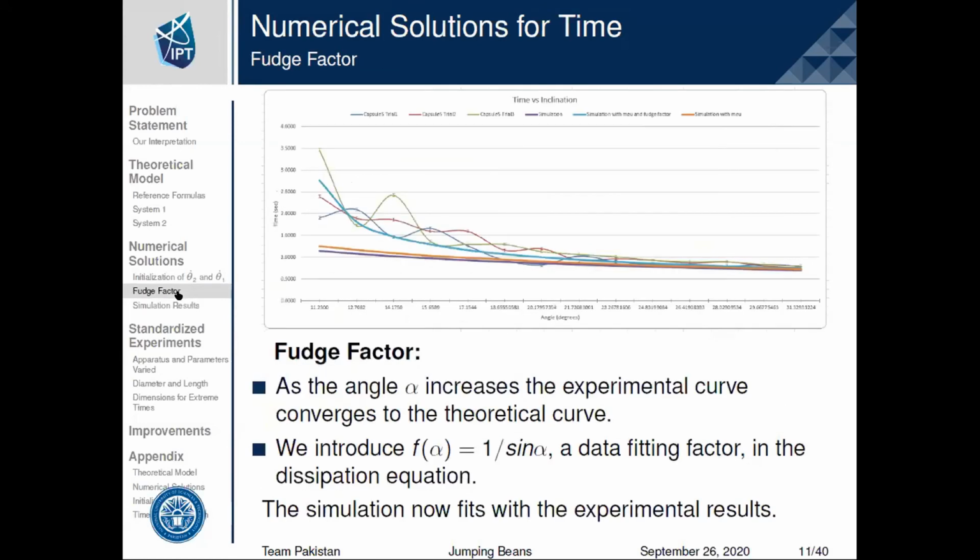On the left, we can see a clear difference between the numerical simulation after solving your equations and the experimental one. So why is there a difference? While developing a theory, you cannot consider all of the experimental factors or the real life factors.